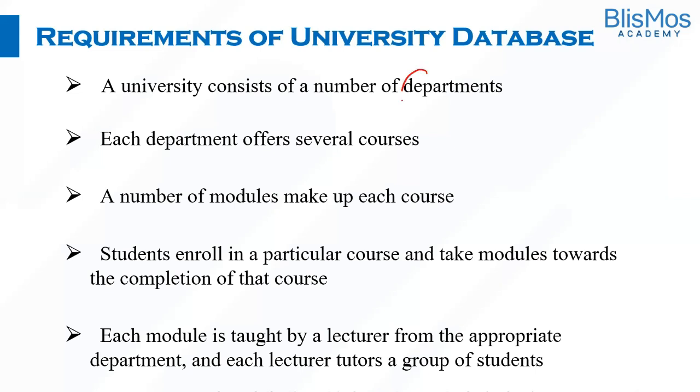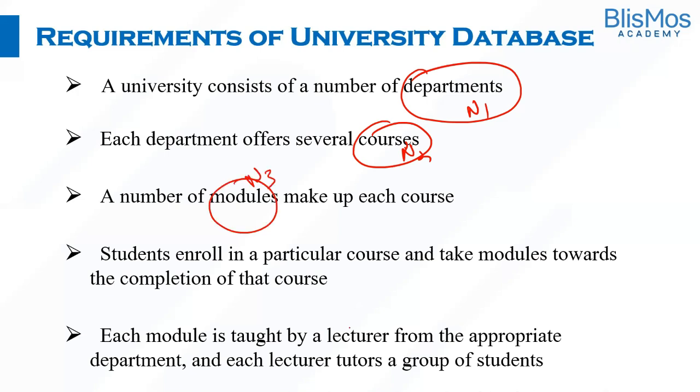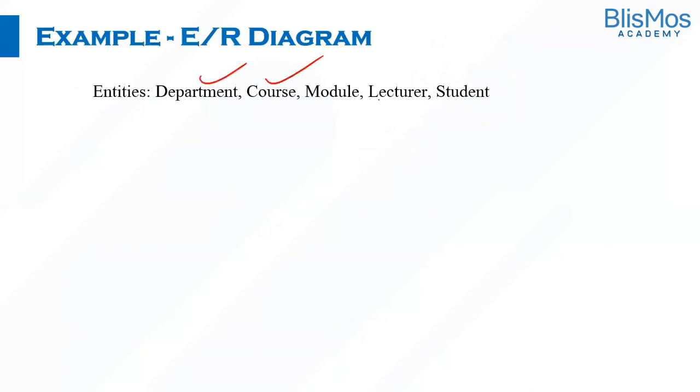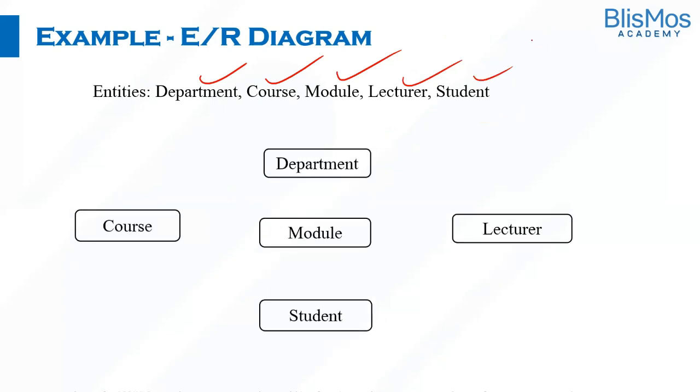Department is a noun, course is a noun, modules is one more noun, lecturer is a noun. Like that, we have different nouns. Then the next important thing is we have to identify the verbs. Let us get to the entities first. Department can be an entity, course can be an entity, module can be an entity, lecturer can be an entity, and student can be an entity. So these are our entities.